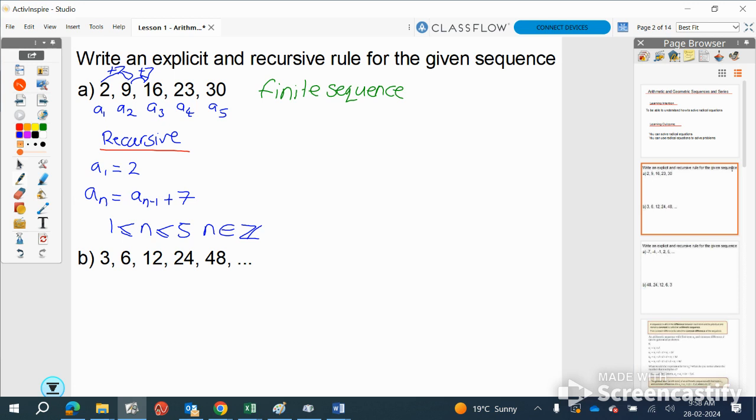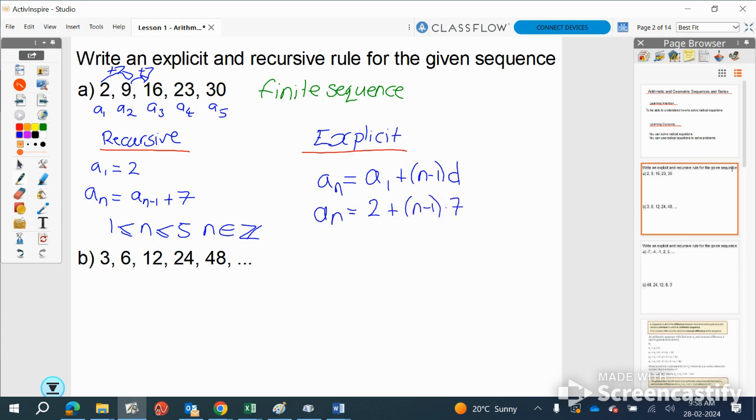How would we do it with an explicit one? There's actually a couple of ways we can write the explicit one, but the explicit one will let us go to the nth term in the sequence directly. We need to take the first term in the sequence, and then we need to add n minus 1 lots of the common difference. So the nth term in the sequence is going to be 2 plus n minus 1 times 7.